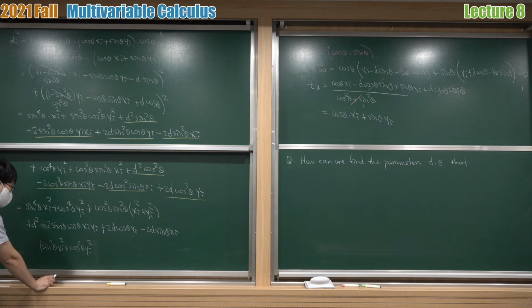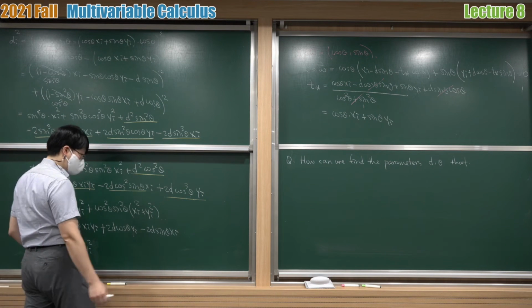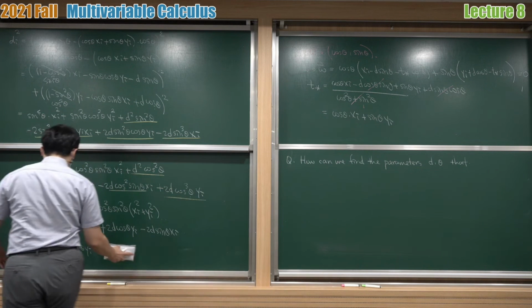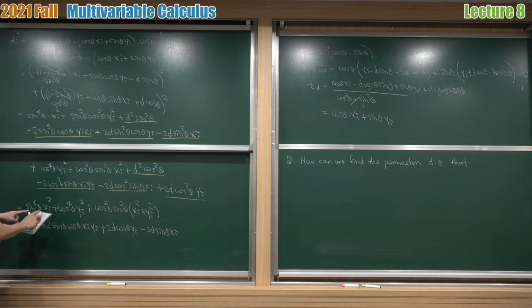I'm sorry, and then oh, you mean combine this and this one. Yes. Okay, right, you're right. Okay, so it's a good idea. So actually you can get rid of sine square plus cosine square in that case.